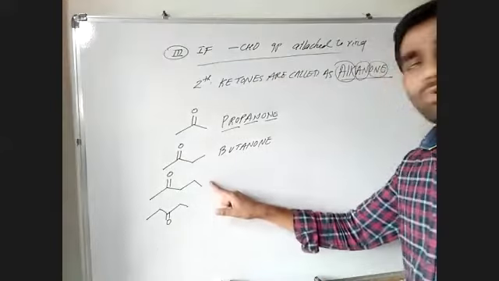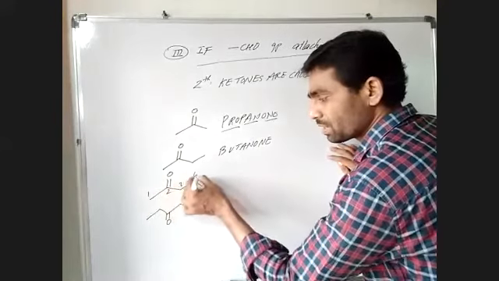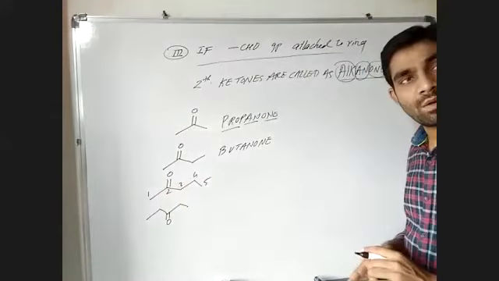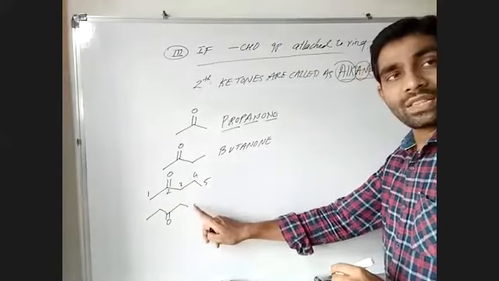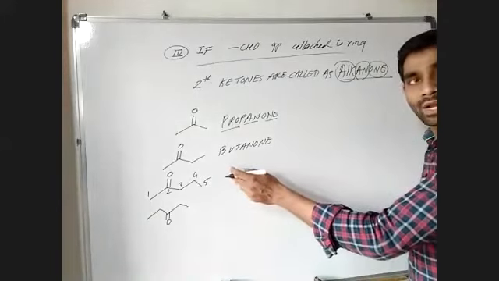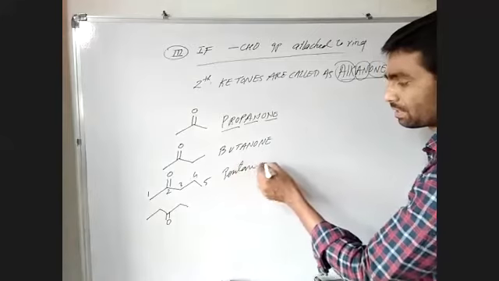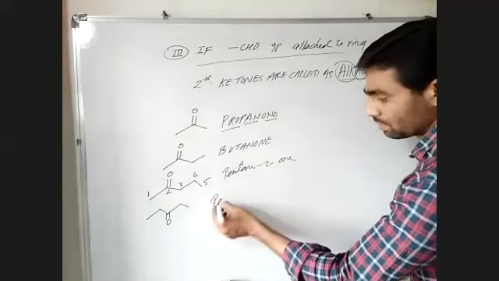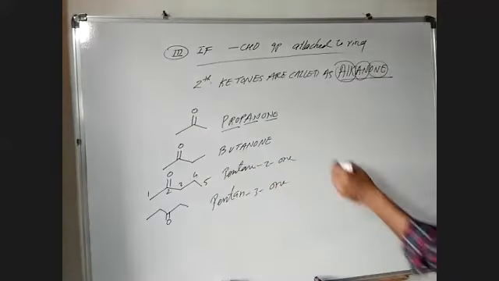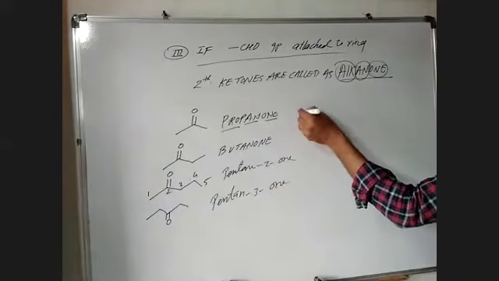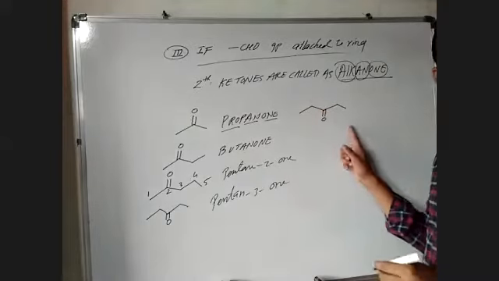For this, numbering will be from this side. 1, 2, 3, 4, 5. Pentane 2-one. What is this? Pentane 2-one, pentane 3-one. Right? If you take this example now, see. Now this is a pentane 3-one.